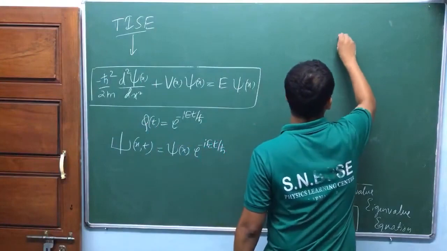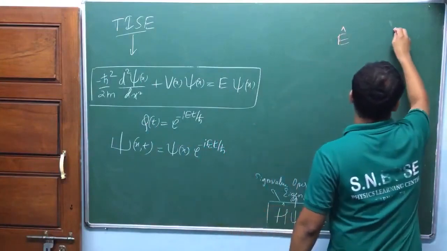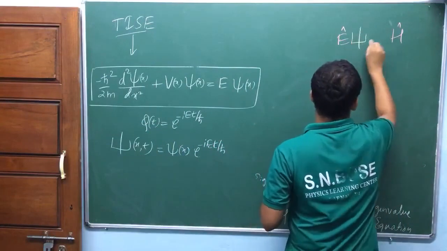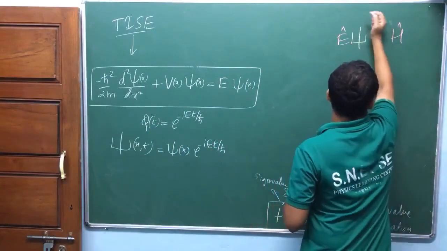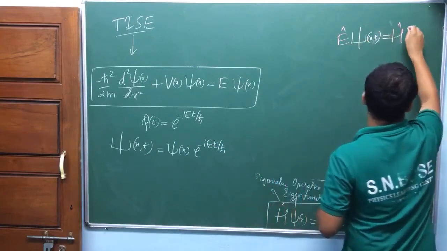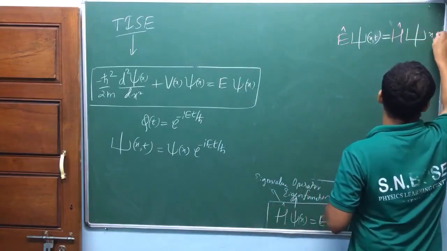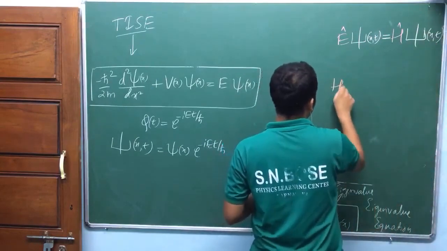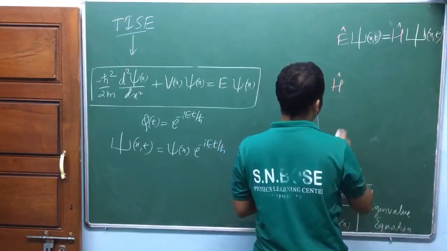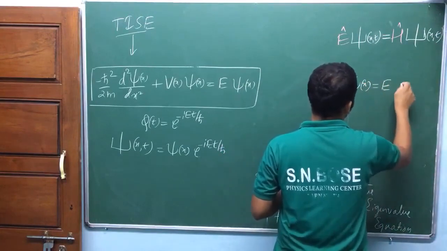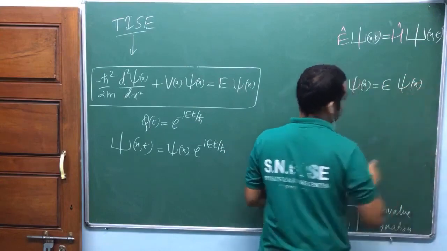Is that okay? E cap, H cap. Can you see this one? Psi of x comma t is equal to H cap psi of x is equal to E into psi of x.